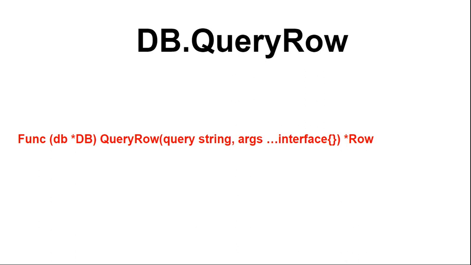Here we only return the raw data. If your query happens to return more than one row, then we can also use QueryRow with the result.Scan method that I previously discussed. That method will just take the first row and discard the rest of the data, because you only expected one row.